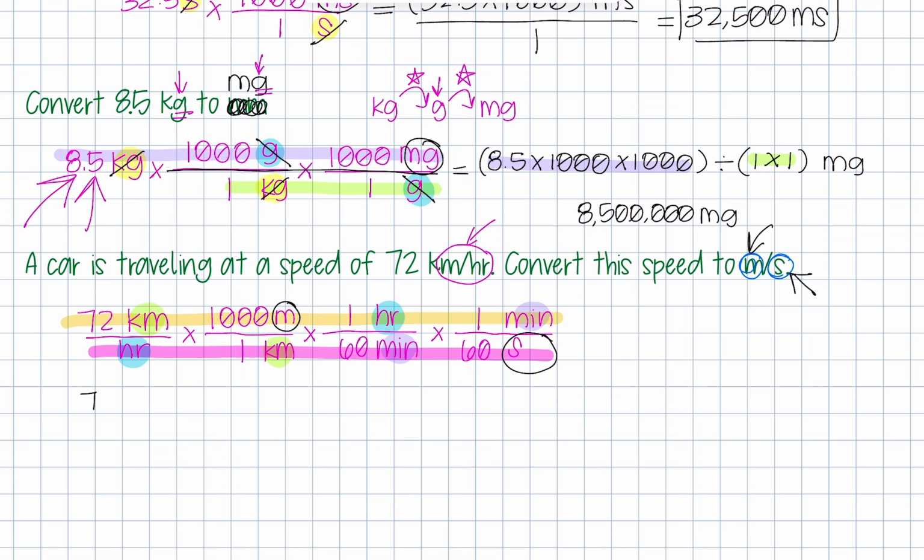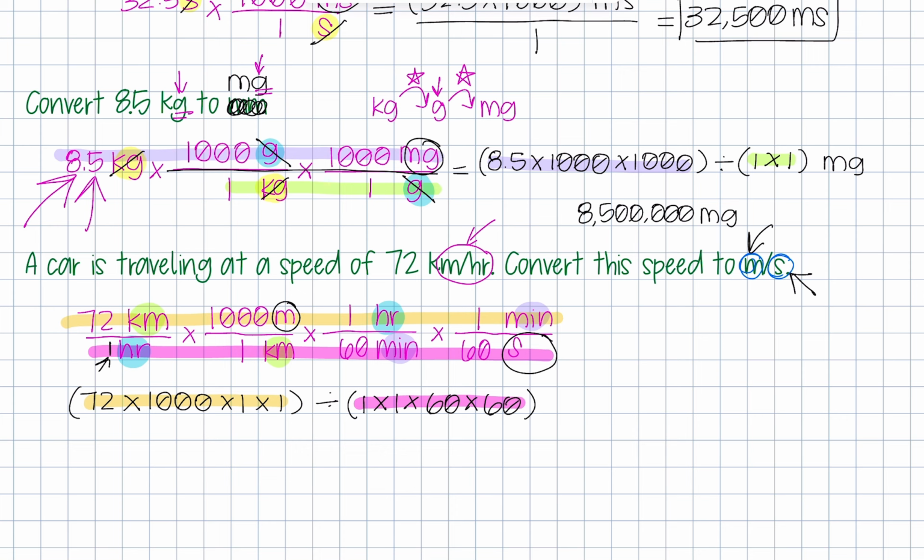So what we get is 72 times 1,000 times 1, divided by, when it just has the unit, we assume a 1 there. So 1 times 60 times 60. This is what I was talking about where we're going to have an actual number there that we need to consider.